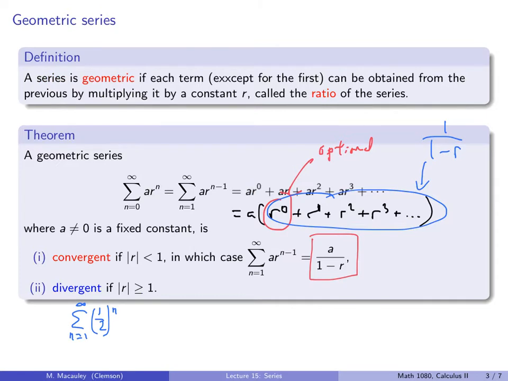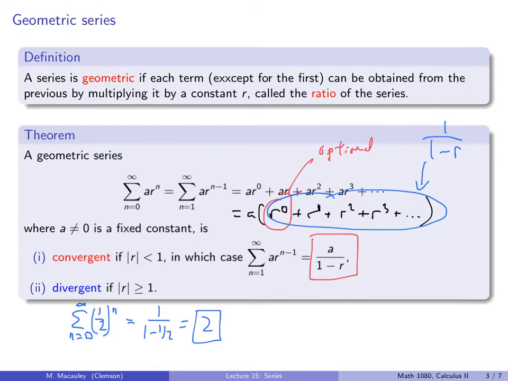So here we're starting at n equals 0. So let me put a 0 down here. So this is equal to 1 over 1 minus 1/2, which is equal to 2. And that's what we had in the previous slide. We just had a 1 because we left off this first term, which is 1.